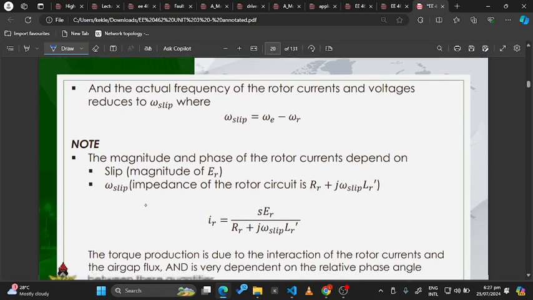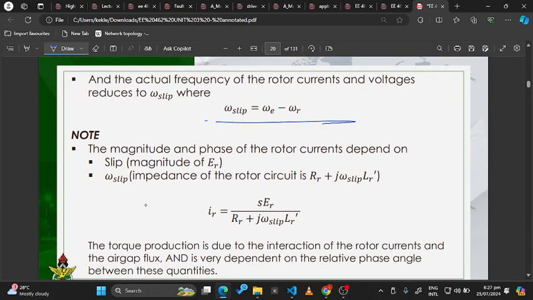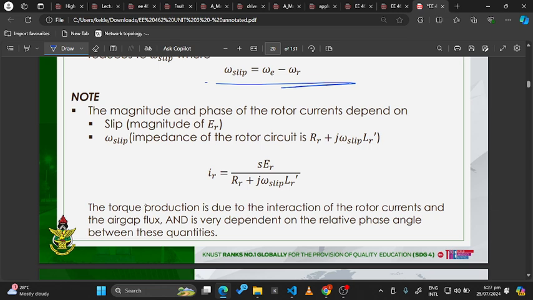I've already talked about omega slip. So if that's the case, I told you that the frequency that the rotor sees at any time is what?